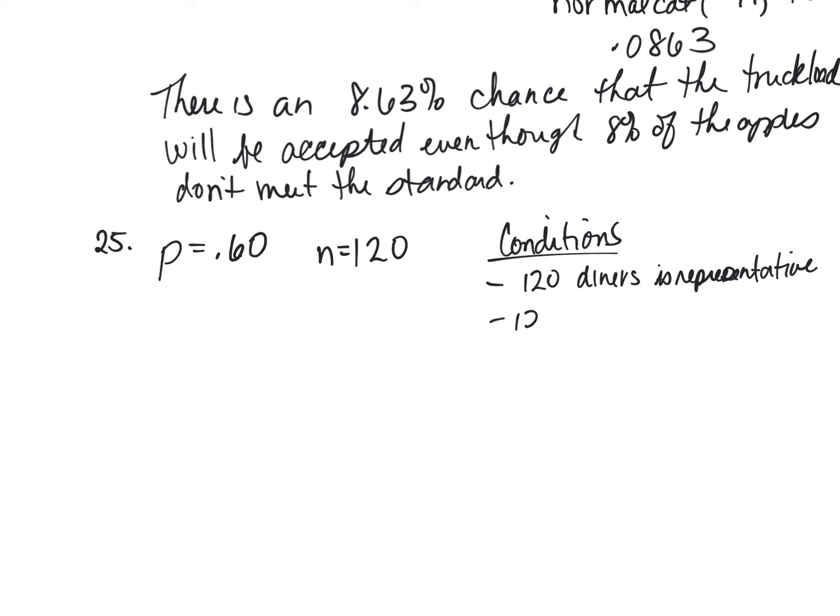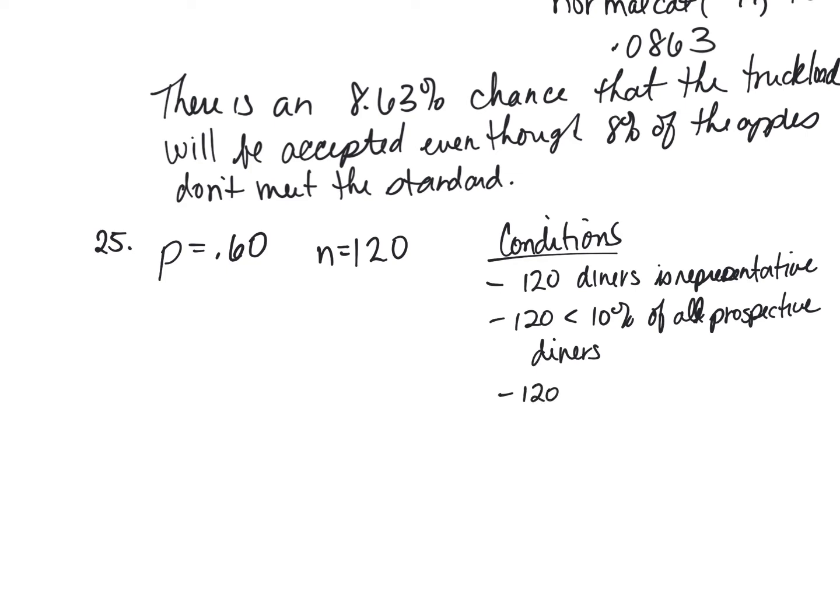We say 120 is less than 10% of all prospective diners. Of all the people that chose to go out to dinner that night, it's probably more than 1,200 people, right? So that's less than the 10% that could choose to eat there. Not to mention, they are cycling through those 120 seats, right? People finish, they clean the table, more people come in. So less than 10% is fine.